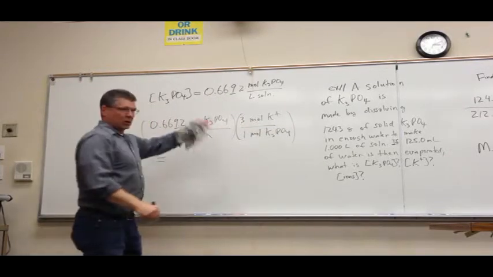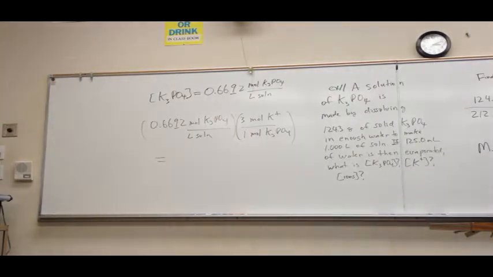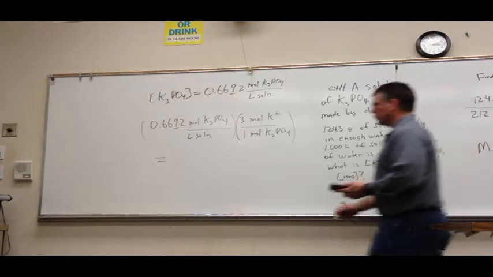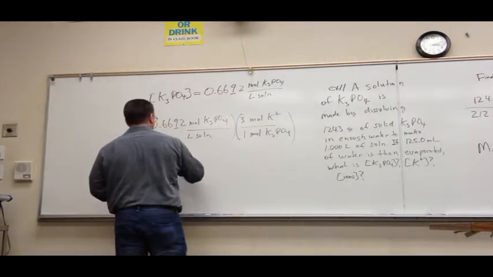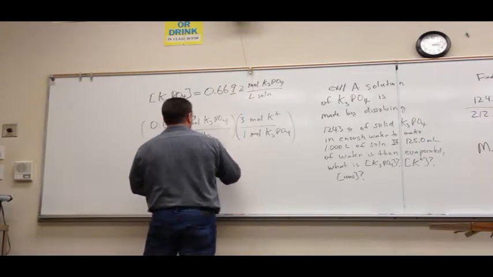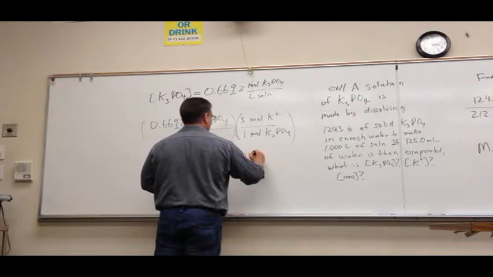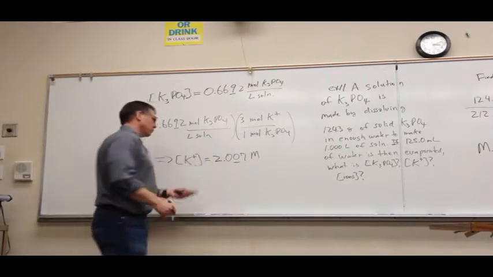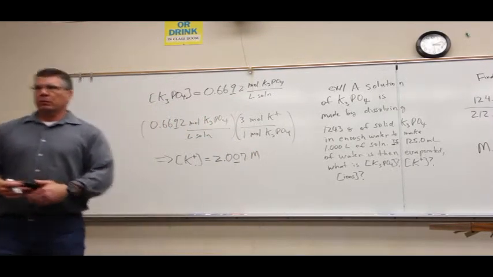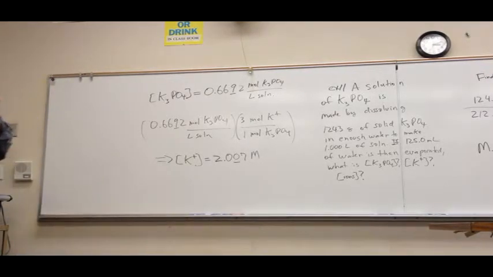So in terms of making the units work out, this is how you write it. But you guys agree that it's just 3 times that, right? That's 2.01 molar. So it's 0.669 molar in potassium phosphate, 2.01 molar in potassium ion.